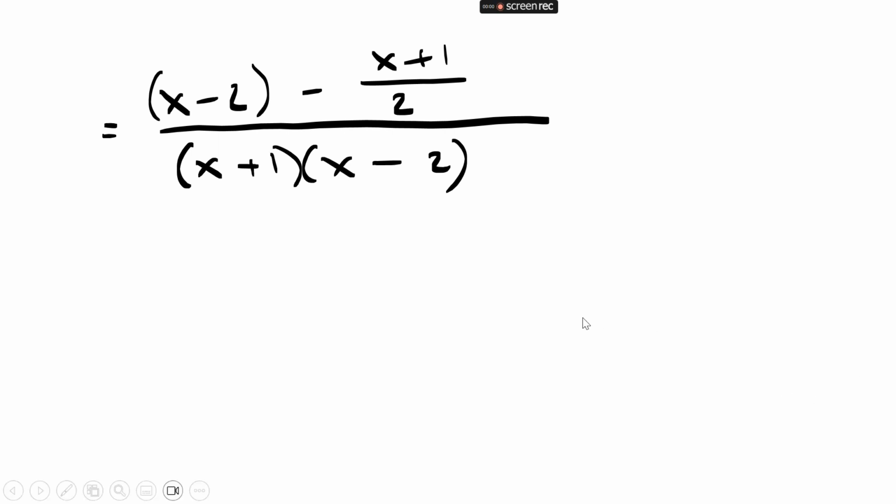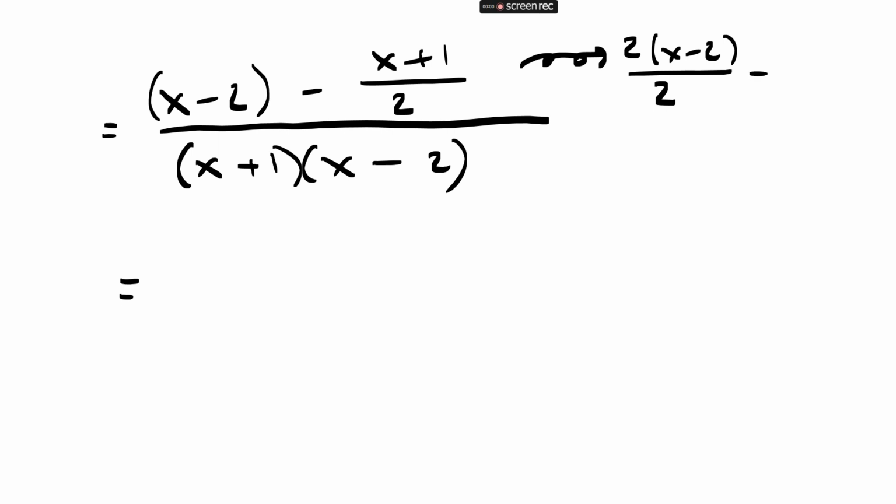All right, if that's the case, I've got to do a little bit of work here. So on top, right here on top, let's get common denominators. So we need a 2 denominator for the first parenthesis. And I think we're all good there. So 2 times x, 2 times minus 2 makes 2x minus 4.